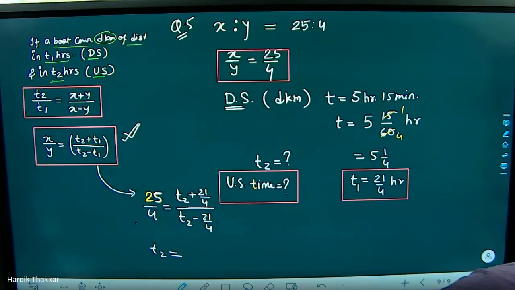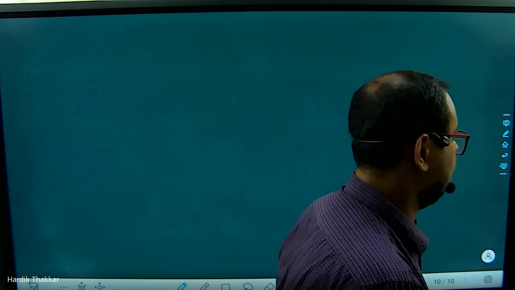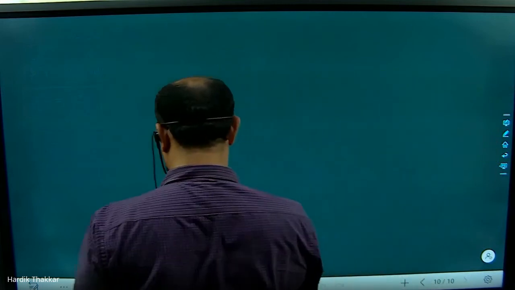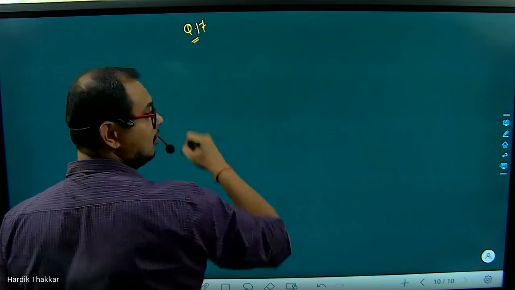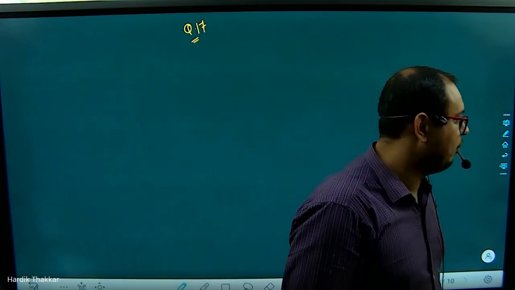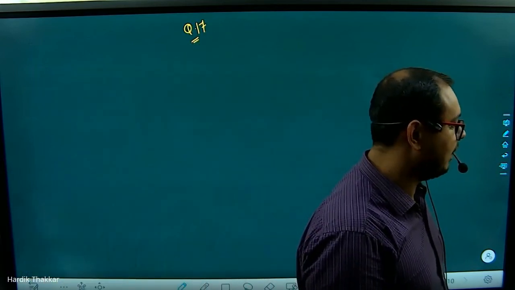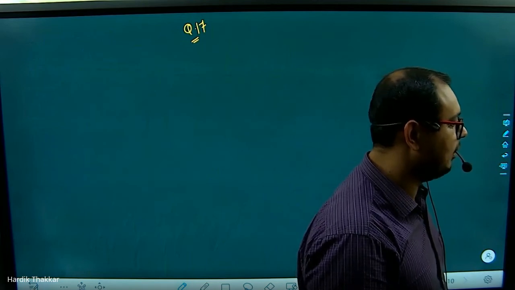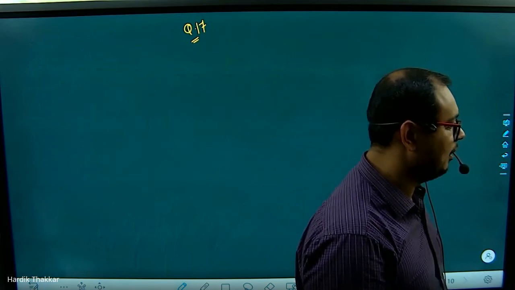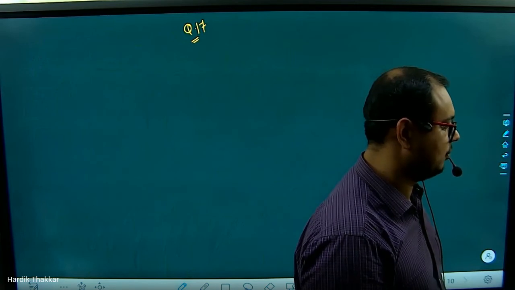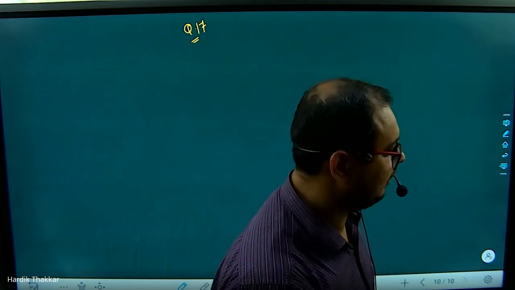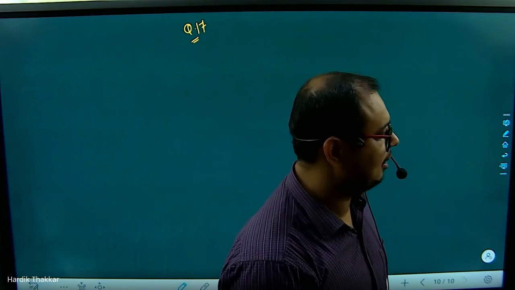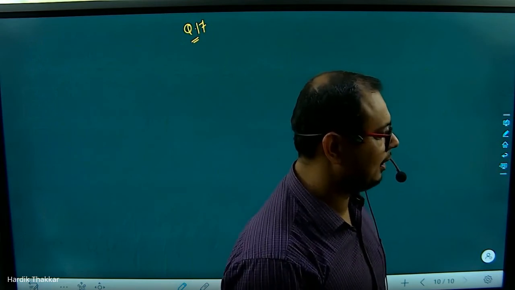So is that question clear or does it need my help? Question number 17. A man rows to a place at a distance of 48 kilometer and returns back in 14 hours. So he's traveling a certain distance and returning back in 14 hours.